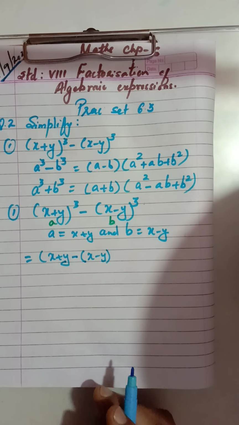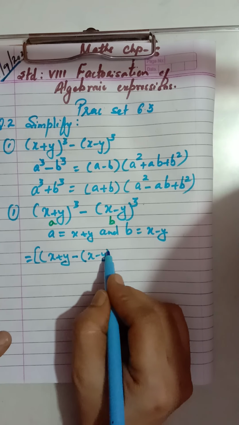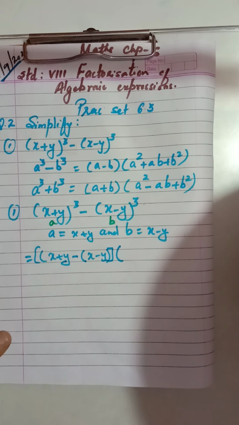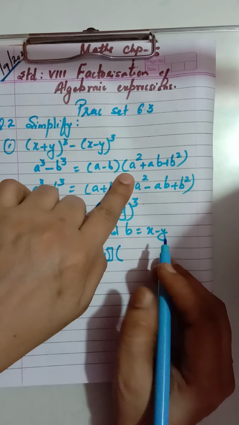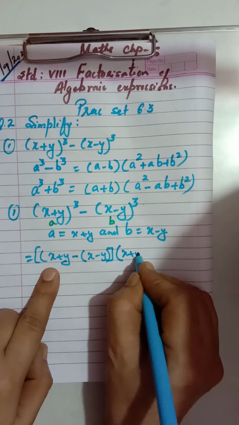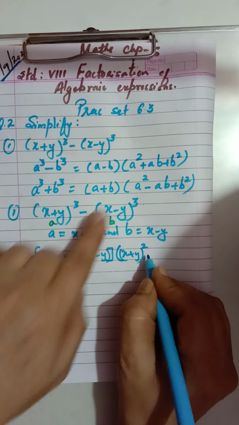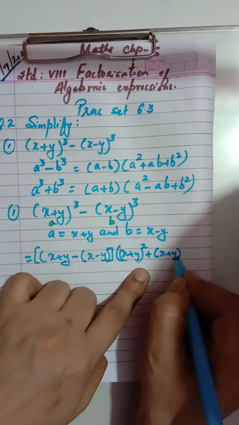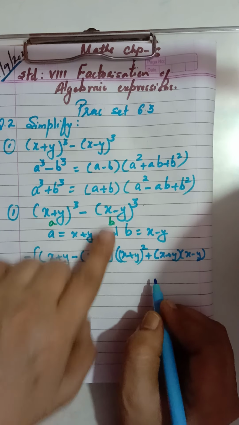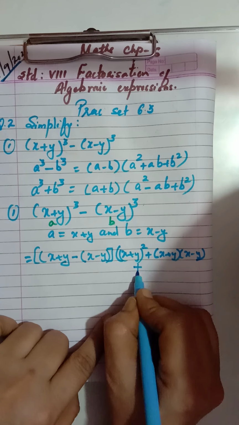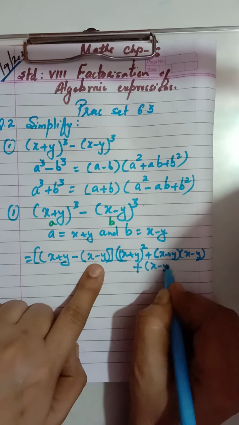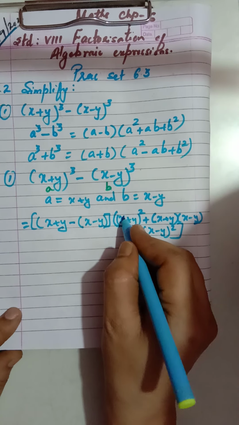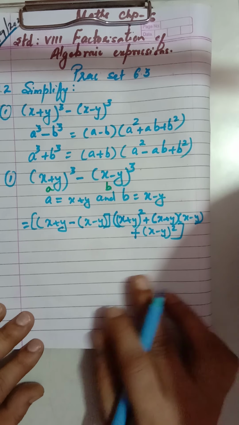Now the second bracket is a square, that is (x + y) whole square, plus ab, that is (x + y)(x - y), plus b square, that is (x - y) whole square. The very first step is just substituting the values in the formula.